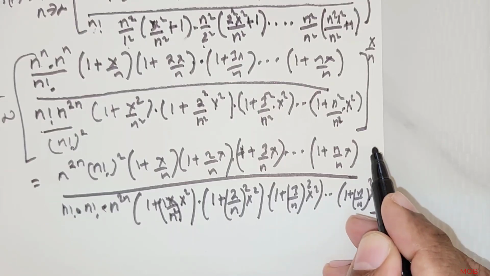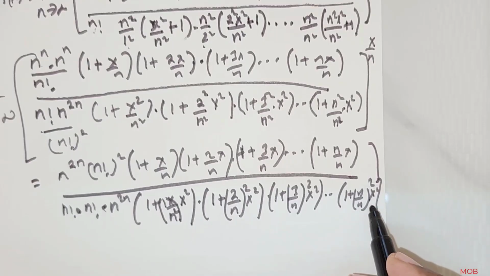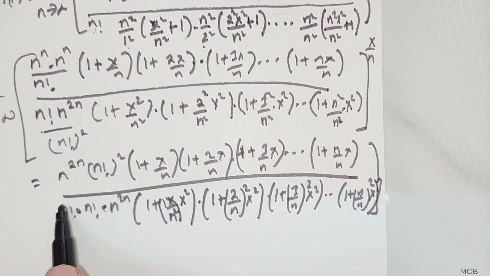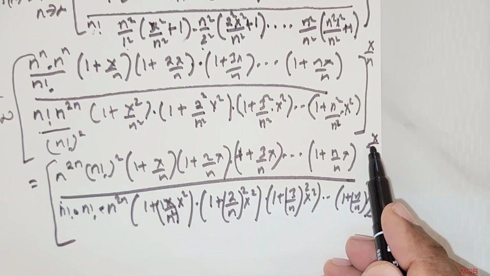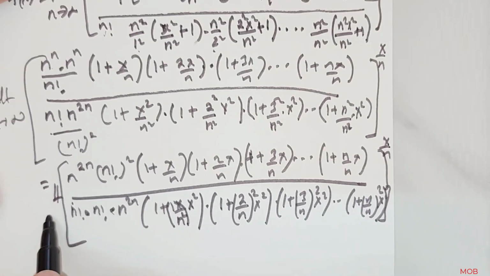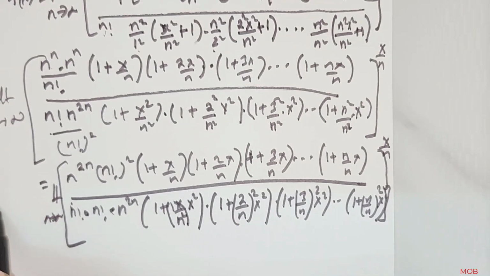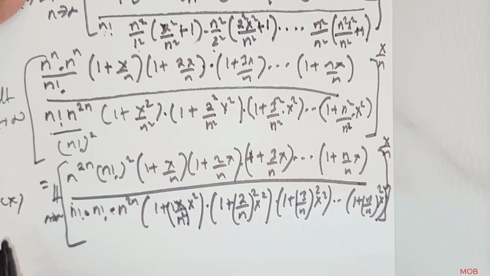Don't cancel anything, just retain it as it is. Okay, so you have a parenthesis there, and the whole parenthesis is entirely raised to the power of x over n, and you have limit n tending to infinity, and this quantity is going to be f of x.